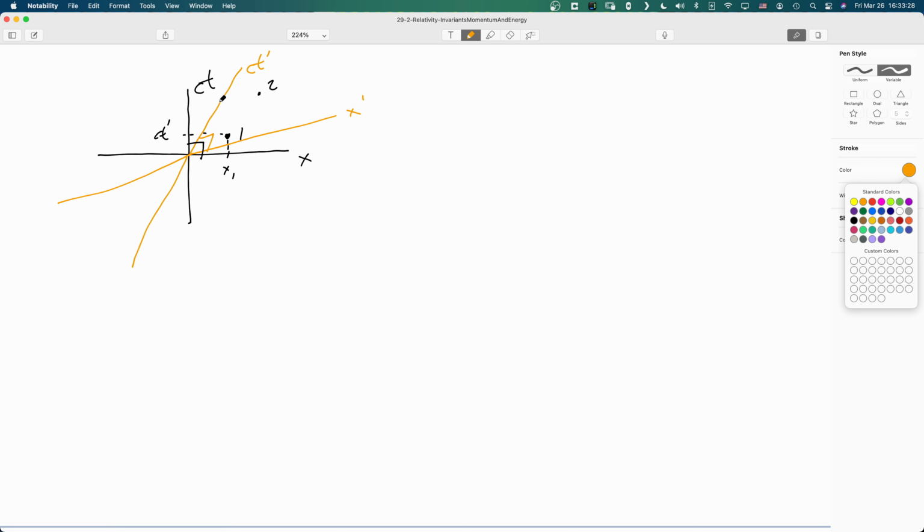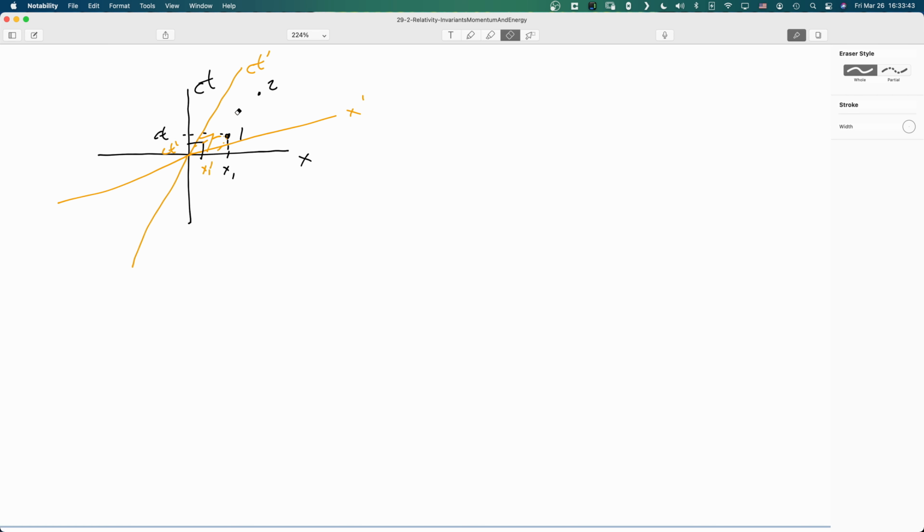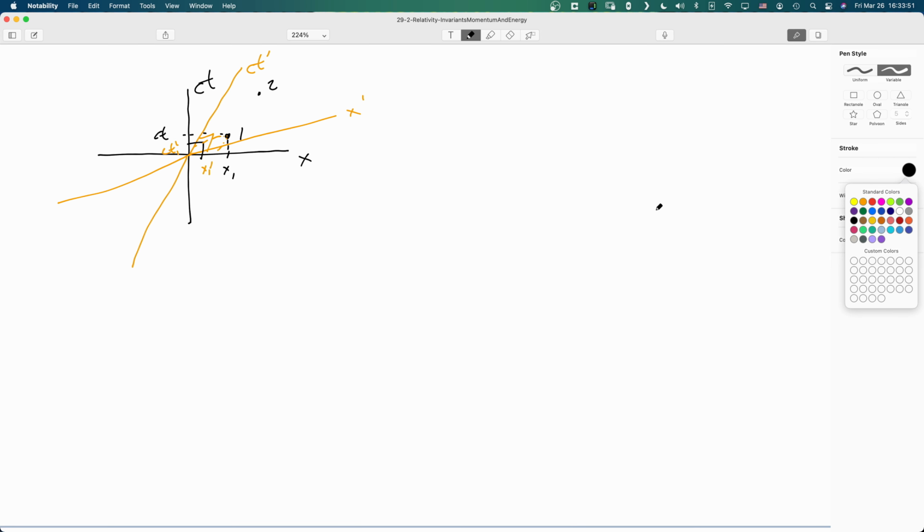You go down parallel to the T prime axis like this. This would be my X1 prime. I have to go parallel to the X prime axis here to get my CT1 prime. And sorry, that should just be CT1 without a prime there. And that's a 1. And that's a 1.